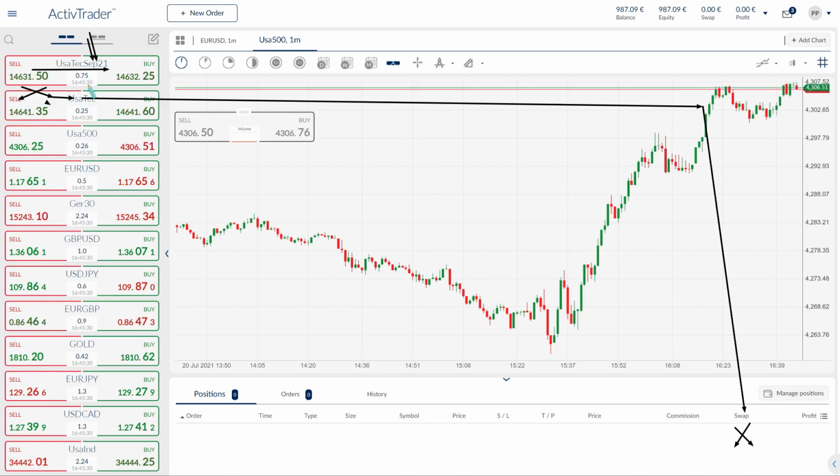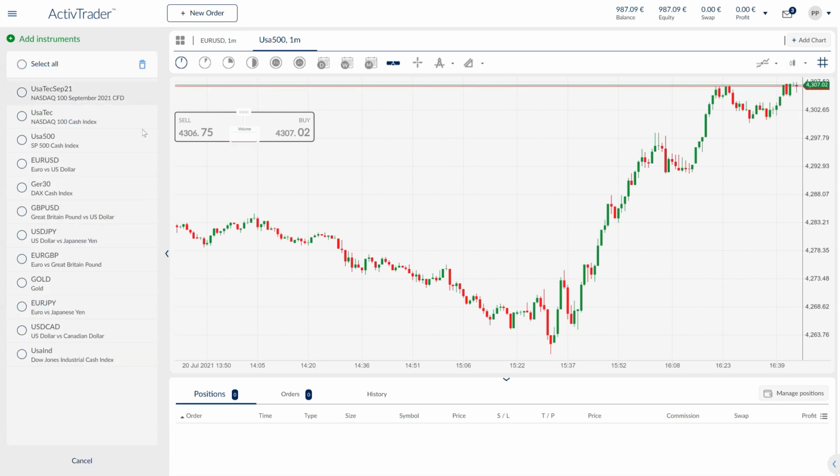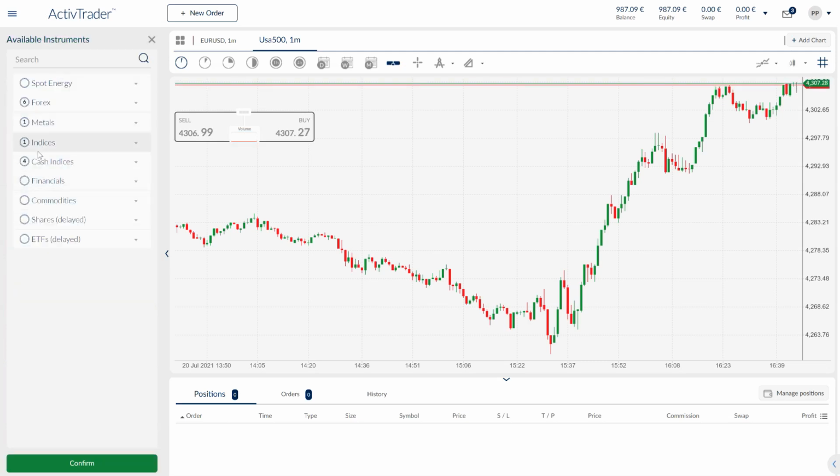These terminate the trades when you close them. So in the beginning, I strongly recommend you not use futures contracts unless you are experienced enough. You've got some other stuff, though I recommend sticking with cash indices.